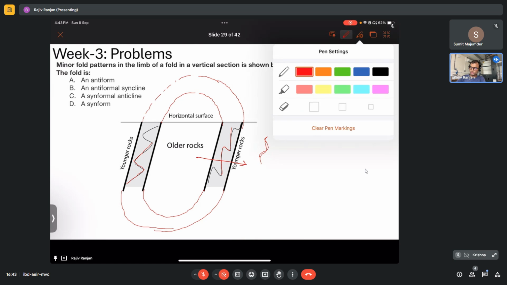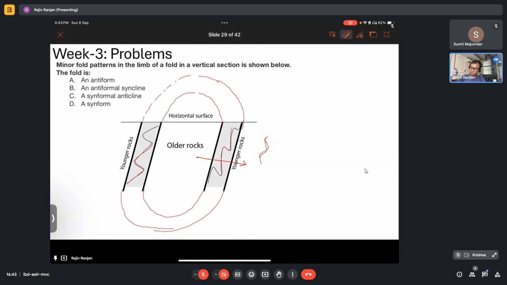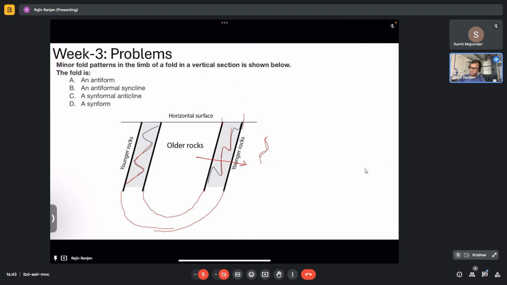There will be two options. Either it will bond here or in the bottom.